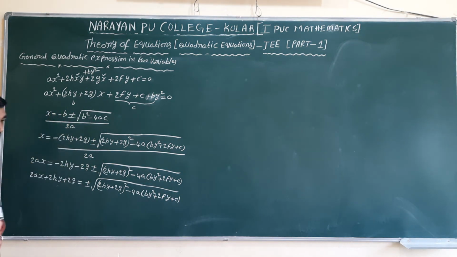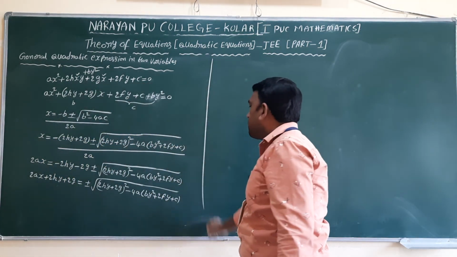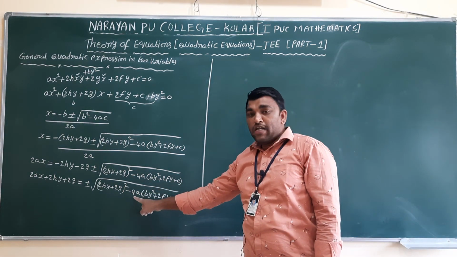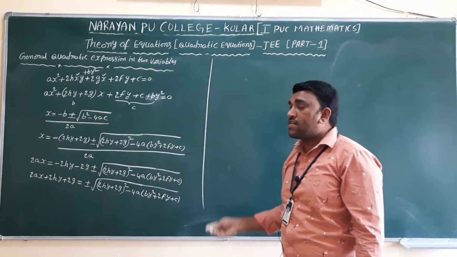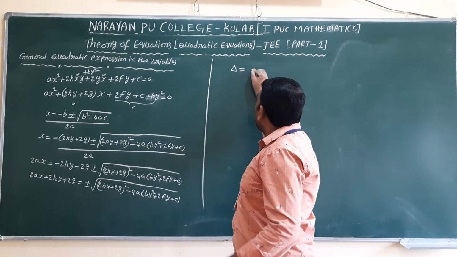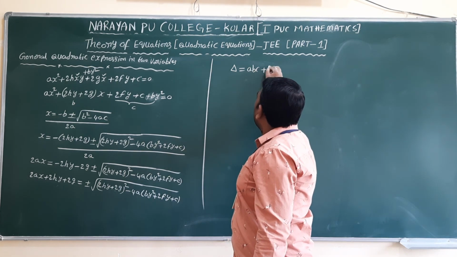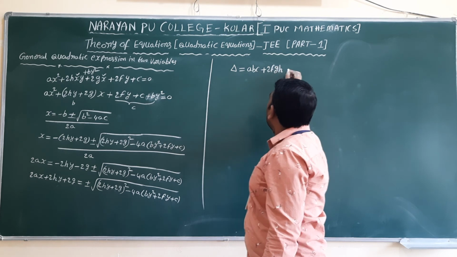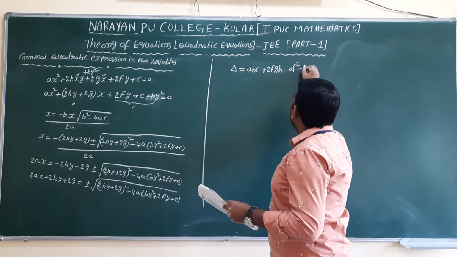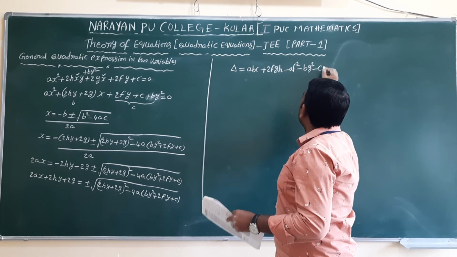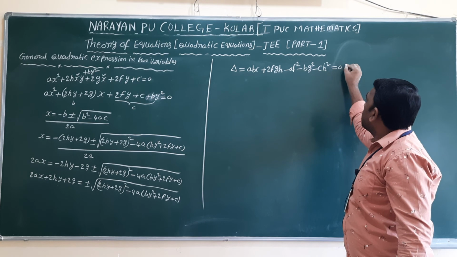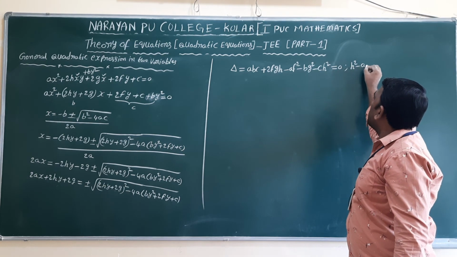From this equation, if you want to find out the discriminant, the whole expression we need to expand, like (a plus b) whole square, multiplied with 4a. So after simplifying that, at last the discriminant delta value we will get: abc plus 2fgh minus af square minus bg square minus ch square equal to 0, and h square minus ab value is greater than 0.